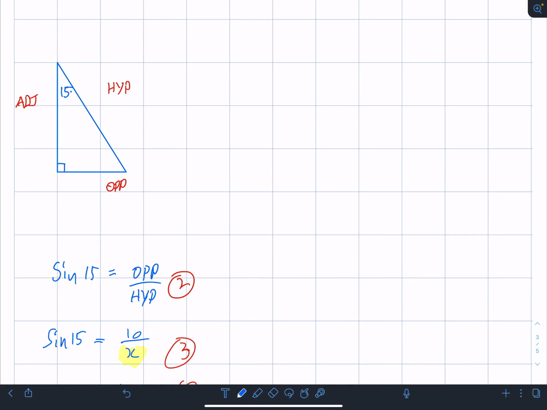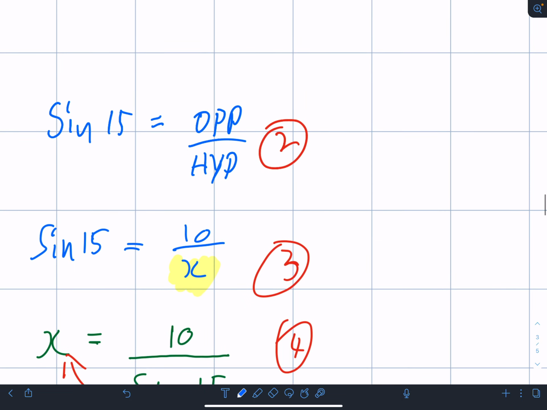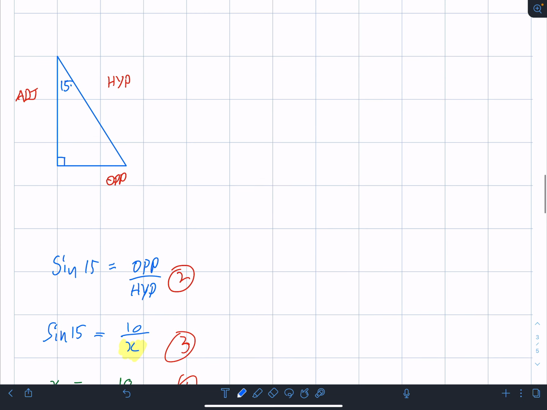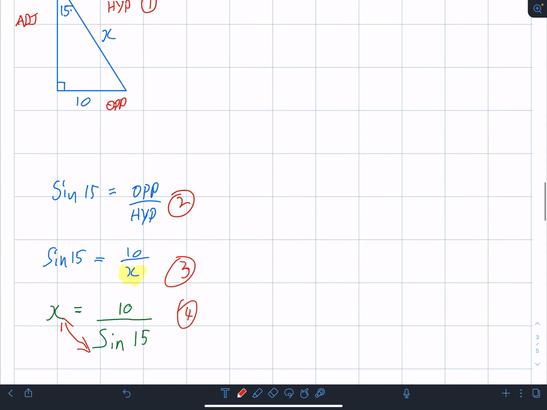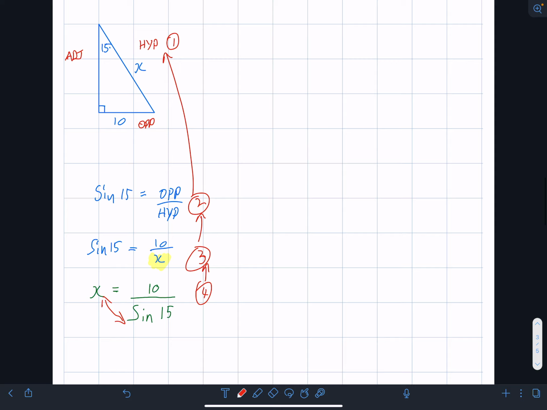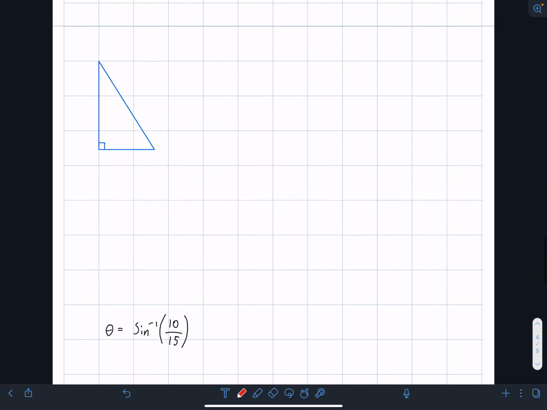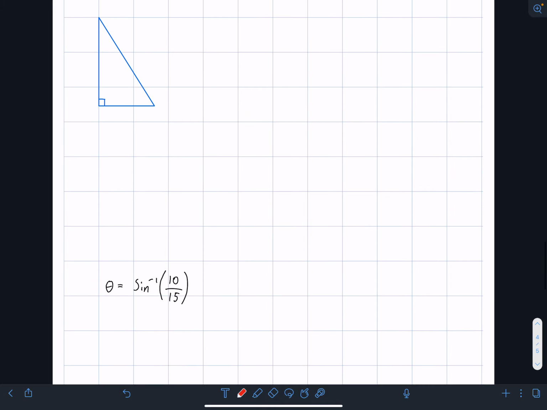And now we put our values in. So hypotenuse is x, and the opposite side is 10. Okay, so that's step 1 done. And so again, we've done from step 4 to step 3 to 2 and then to 1. Excellent. Let's move on to our third and final question.